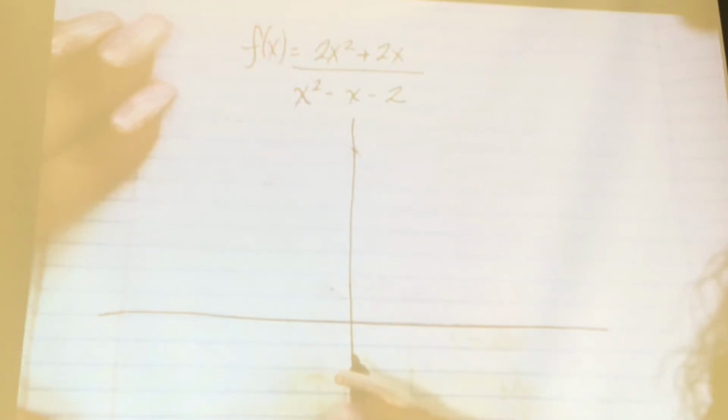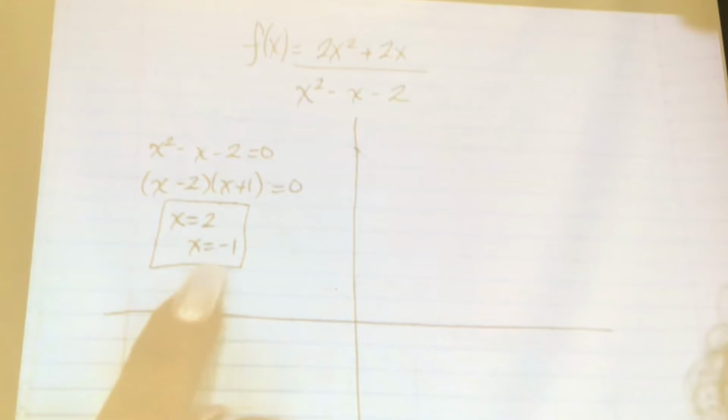The vertical asymptotes are found by setting the denominator equal to 0, so x squared minus x minus 2 factors to x minus 2 and x plus 1. I'm going to set that equal to 0, so my asymptotes are 2 and negative 1.